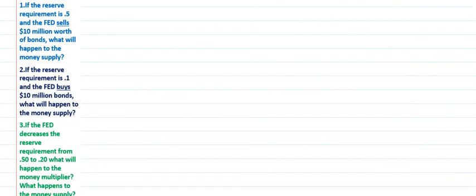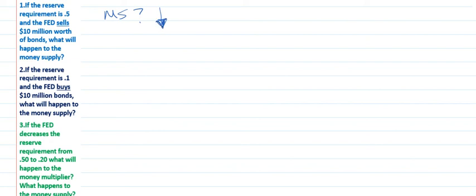The first one was, if the reserve requirement is 0.5 and the Fed sells 10 million worth of bonds, what will happen to the money supply? So we want to know, is the money supply going to increase or decrease? We know that it is selling. So if the Federal Reserve is selling, we know that the money supply is going to decrease.